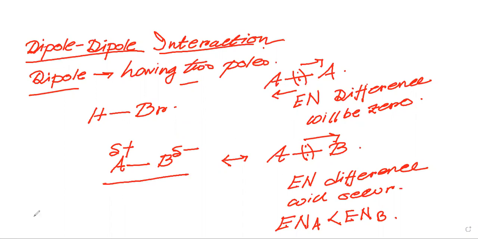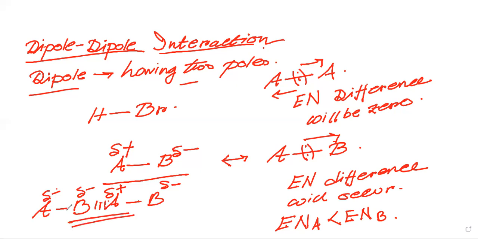Now, this kind of polar system will try to have a special arrangement between themselves. So an attractive interaction will occur between the delta minus of B and the delta plus of A. And this attractive interaction is known as the dipole-dipole interaction.